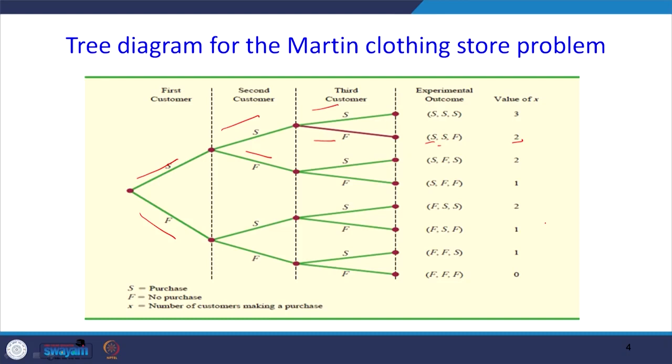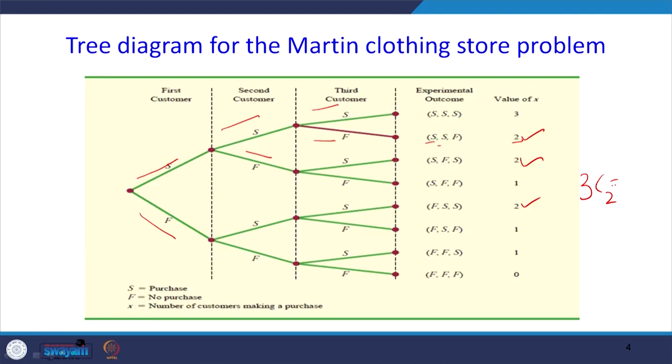Now the problem asks about 2 out of 3 customers purchasing. So how many possibilities are there for 2 customers? 1, 2, 3. How did we get this 3? It is nothing but 3C2. Out of 3, what is the chance that 2 customers will buy? There will be 3C2 possibilities.